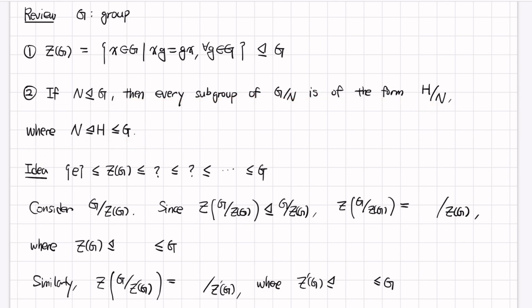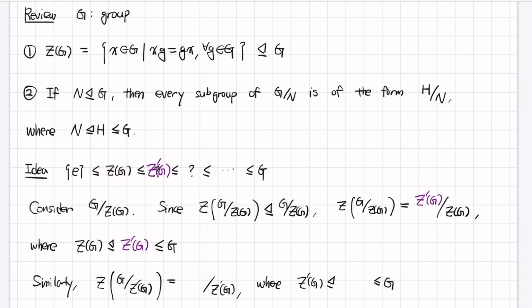So let's call this subgroup of G Z prime of G. And this subgroup, Z prime of G, has to be a subgroup of G containing the center. So we found another subgroup, Z prime of G, which contains Z of G.